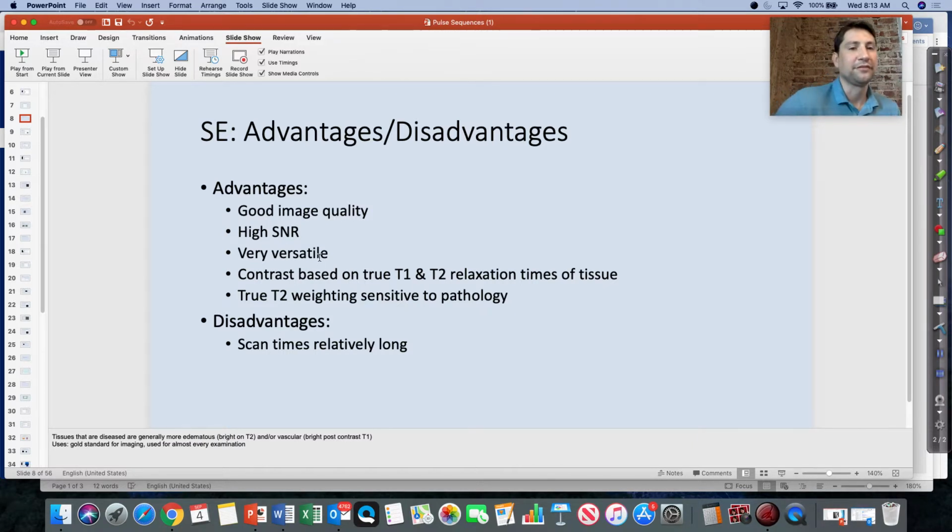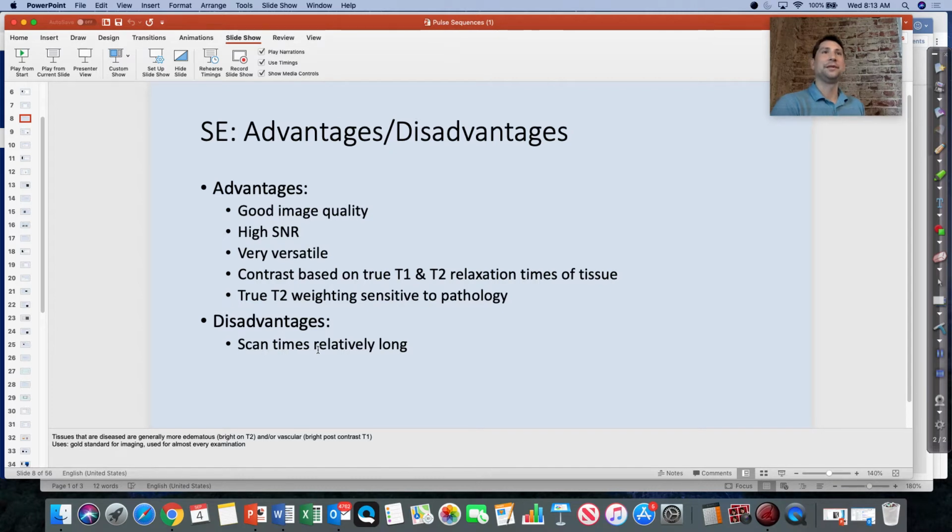It's a very versatile pulse sequence, and the contrast is based on true T1 and T2 relaxation times of the tissue, because we allow those tissues to decay almost completely and to recover almost completely. But the disadvantage with that is that our scan times are relatively long. So we know in MRI imaging, typically we have to have patients sometimes hold their breath.